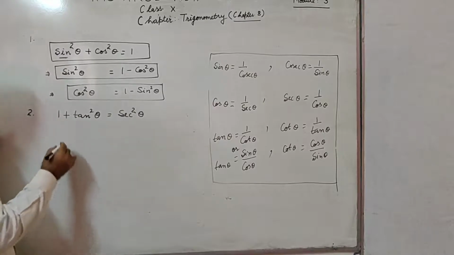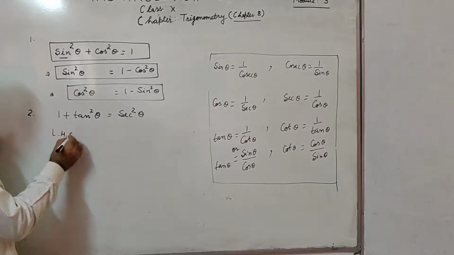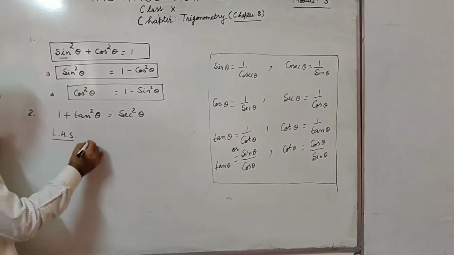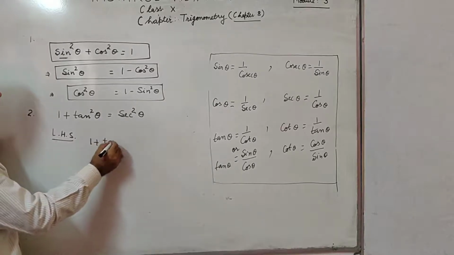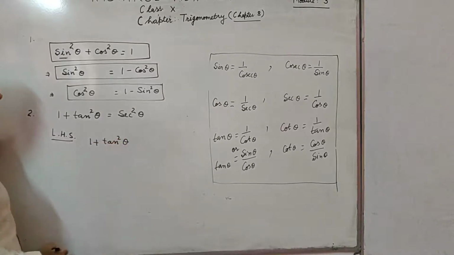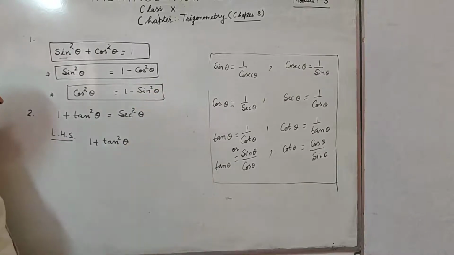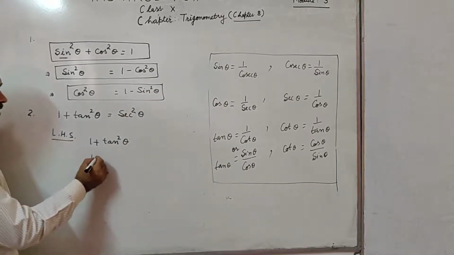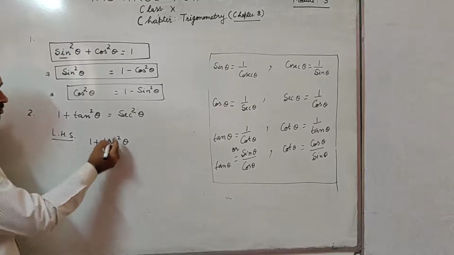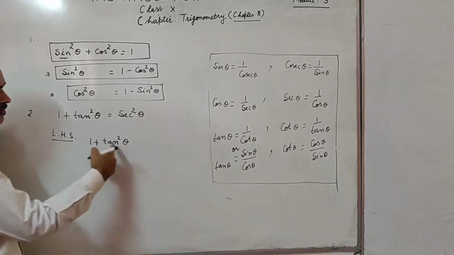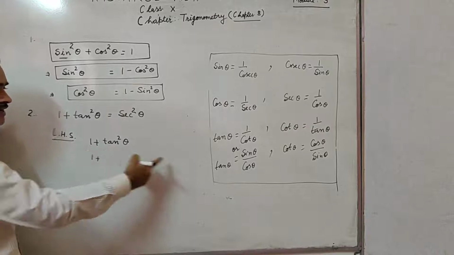Proof of this: take the LHS, 1 plus tan square theta. Because sec is 1 upon cos, we should get the value of tan in sine and cos.